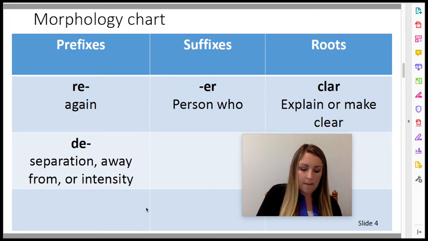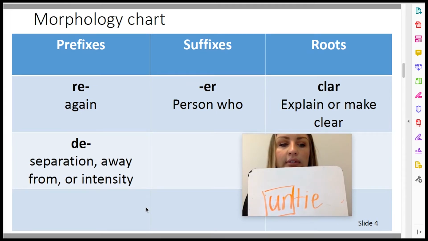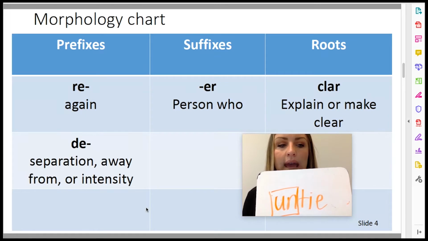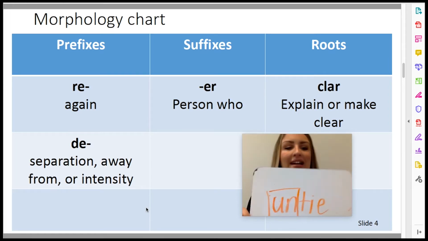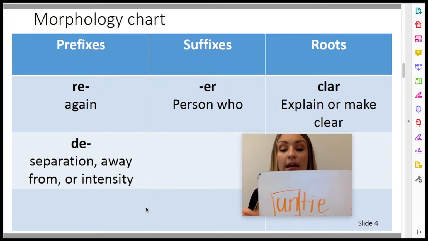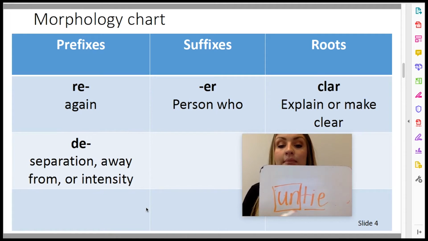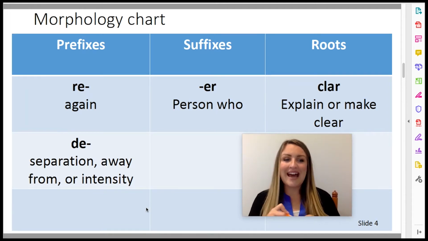I will put a box around un to remind me that this is a prefix, okay? Un means not or opposite, okay? So what is the base word? Yes, tie. Nice job. And what does tie mean? Very good. So if I'm going to untie, it means the opposite of tie. I'm going to not tie, right?